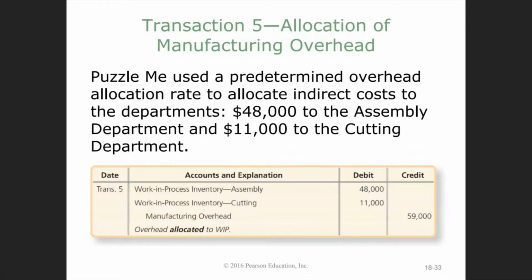Puzzle Me used a predetermined overhead allocation rate to allocate indirect costs to the departments, $48,000 to the assembly department and $11,000 to the cutting department. So here we've debited work in process assembly, debited work in process cutting, and credited manufacturing overhead.